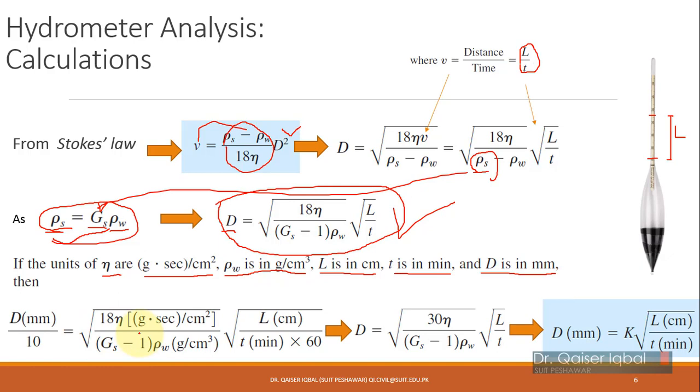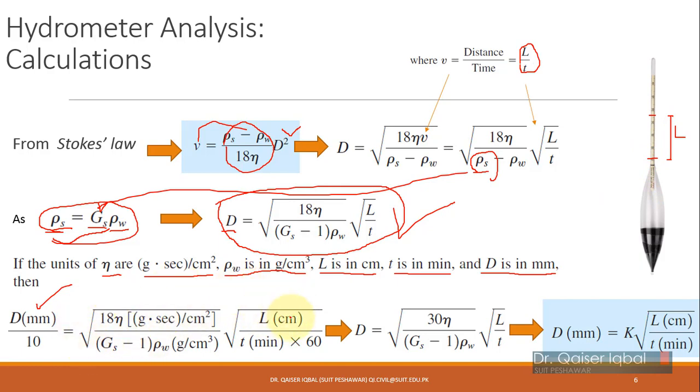By placing these units and solving further, because these are in centimeters and we want the diameter in millimeters, and 1 centimeter is 10 millimeters, we will divide by 10. On the left we want diameter in millimeters, and on the right we provide everything in centimeters, because the immersion length or the reading on the cylinder will all be in centimeters.